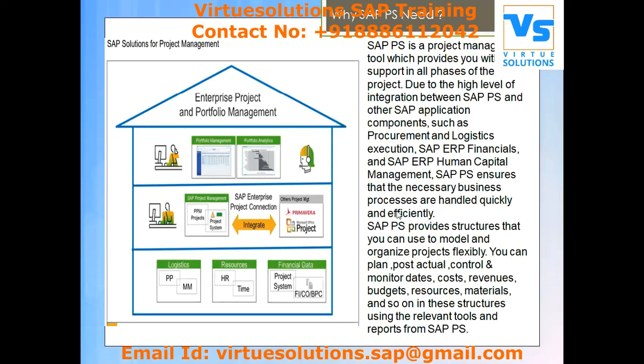At the same time, you can also post the actuals, be it cost or revenue, integrated with any other module, like FICO, PP production planning, or plant maintenance. We have different modules that we're going to integrate, and we're going to post the actuals.